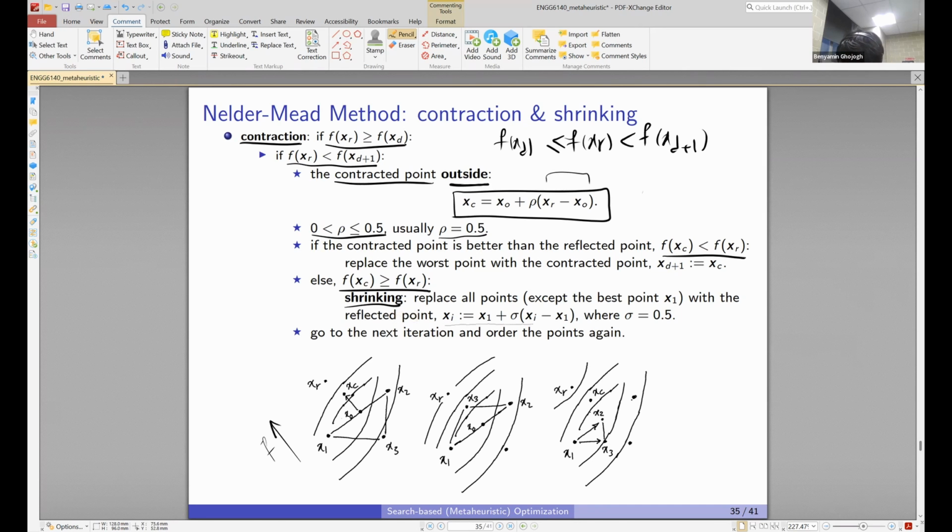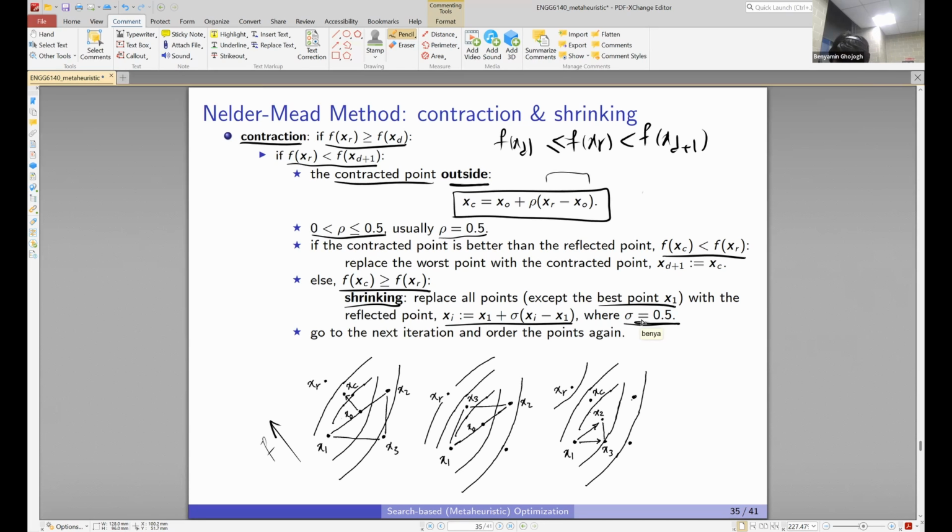We replace every point, maybe except the best point X1, with X1 plus sigma times Xi minus X1, for the ith corner. What does it mean? It means that starting from the point X1, go in the direction from X1 to Xi with a factor sigma, where sigma is usually set to half.